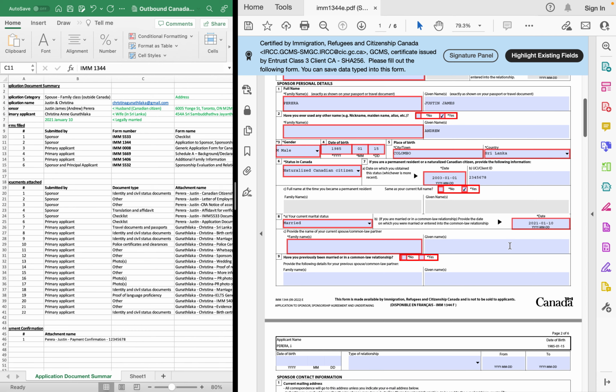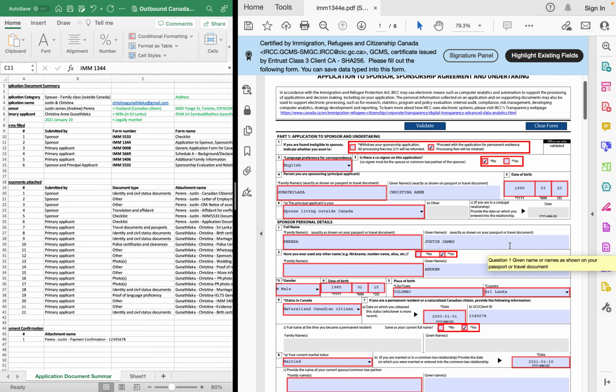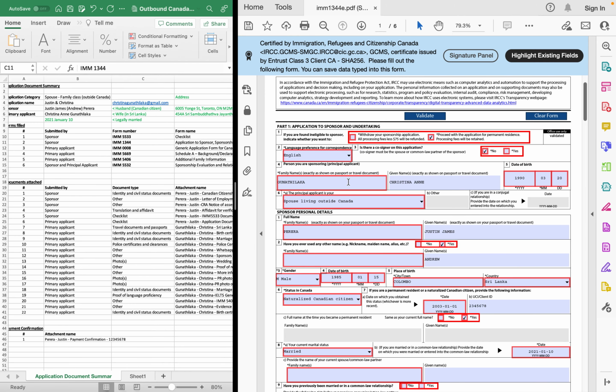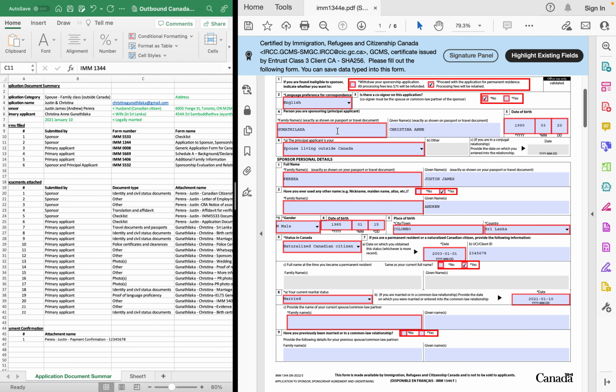Okay, and then provide the name of your current spouse or common law partner. Now over here it's asking almost the same information you provided here. So let's go and copy and paste it. Make sure you are checking the spellings and ensuring it is 100% accurate.